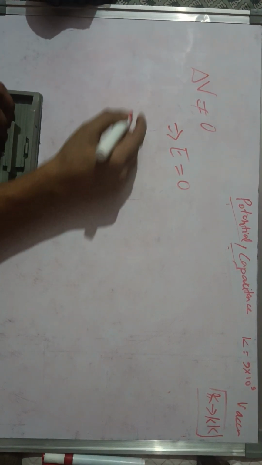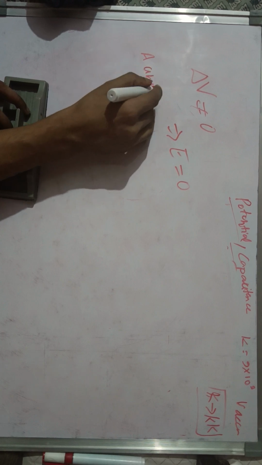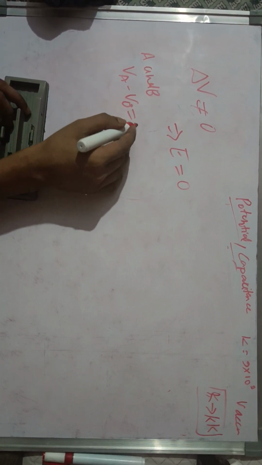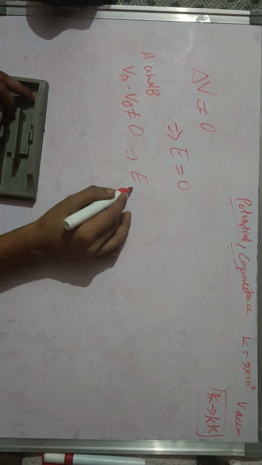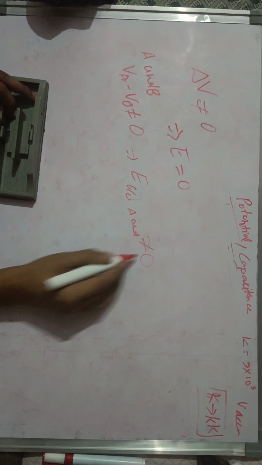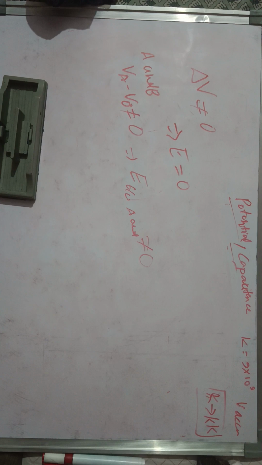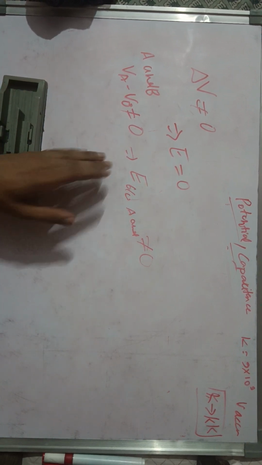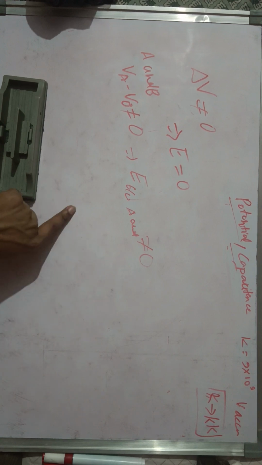Means if a and b are points such that Va minus Vb is unequal to 0, that implies E between a and b is unequal to 0. So there would be electric field between a and b, and there will be some flow of charge due to the electric field. So as long as there is potential difference, there will be flow of charge.